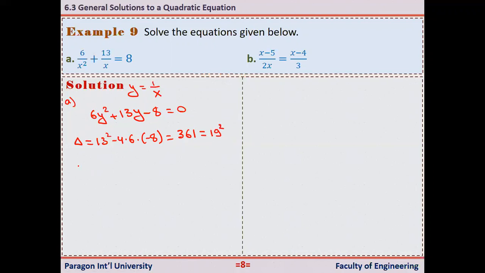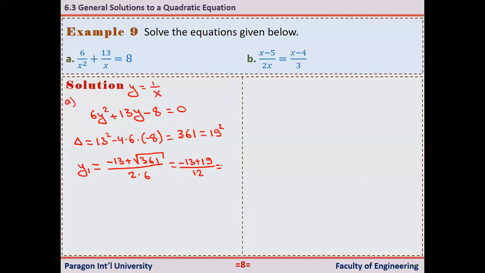So now we get the first solution, y1 equals minus b, that is minus 13, plus the square root of 361, over 2 times a. What is a? It is 6. So that's equal to minus 13 plus 19 over 12.